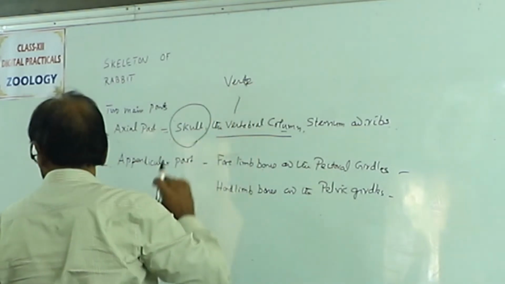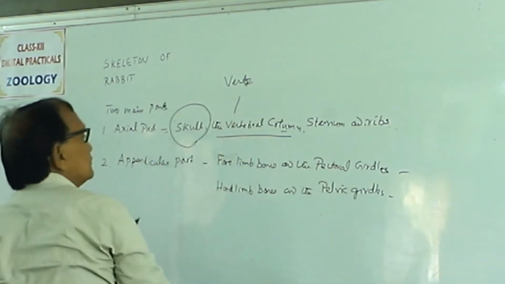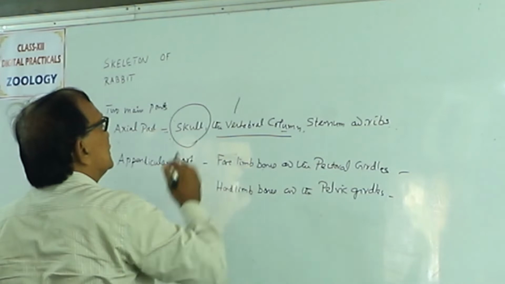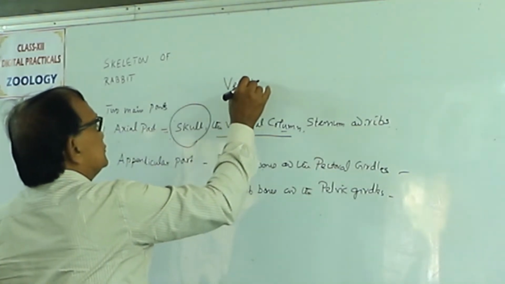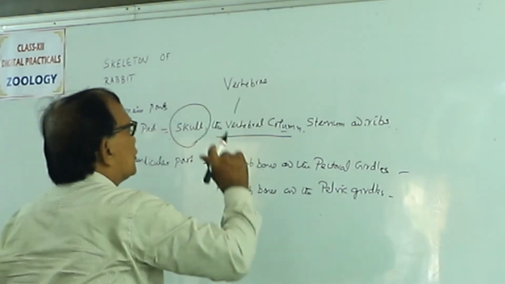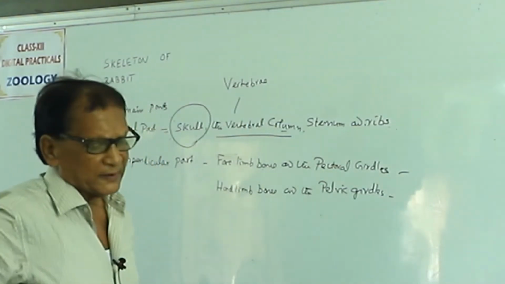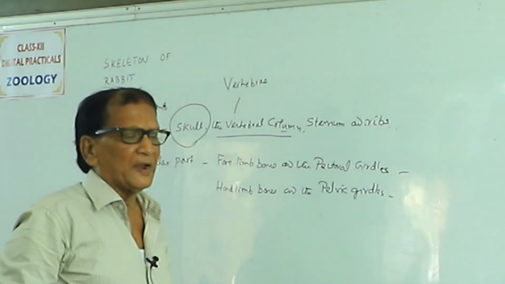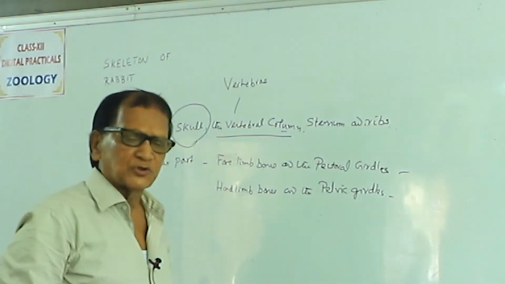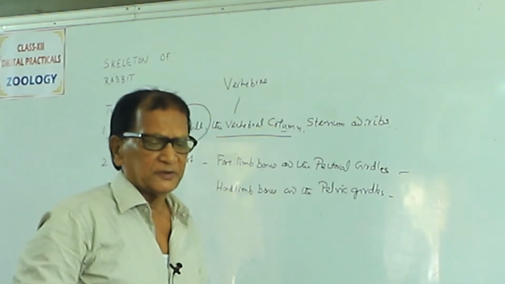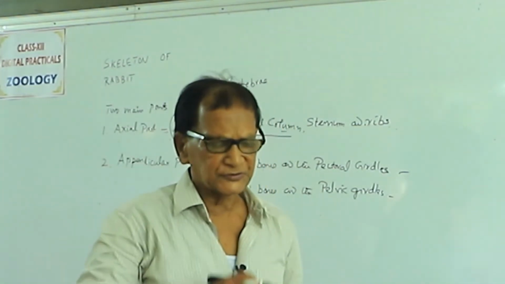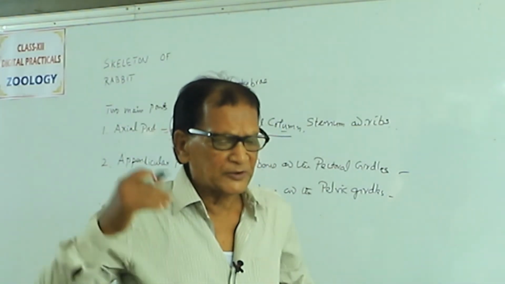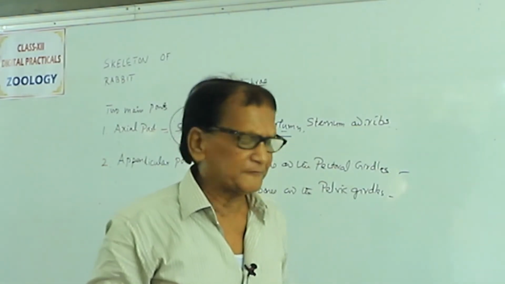The vertebrae and the vertebral column are located along the back, and they provide support to the thoracic cage, as I've already said, through the ribs and the sternum, as well as muscles of the back.